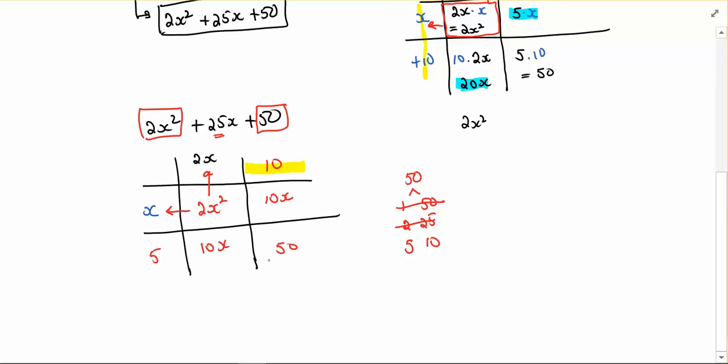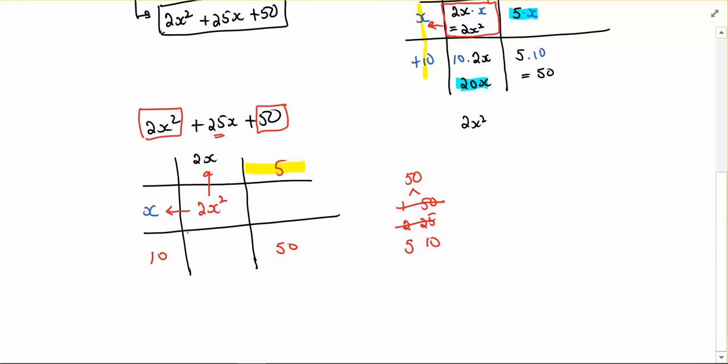So that's not it. One of the things that you have to try when you're doing this trial and error method is you realize that you don't even know whether the 5 goes here or the 10 goes here. So we just tried 10 there and 5 here, so let's try 10 here and 5 there.